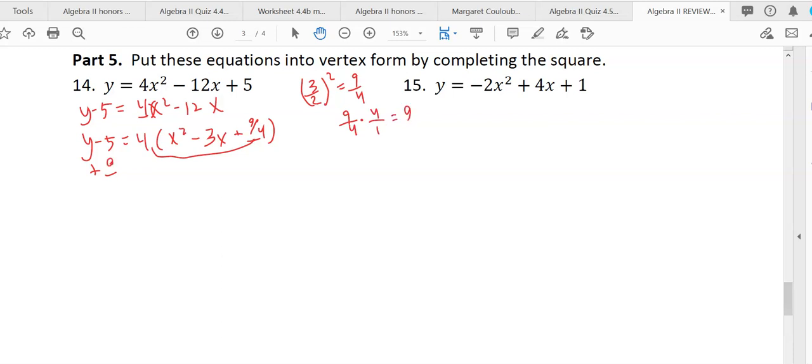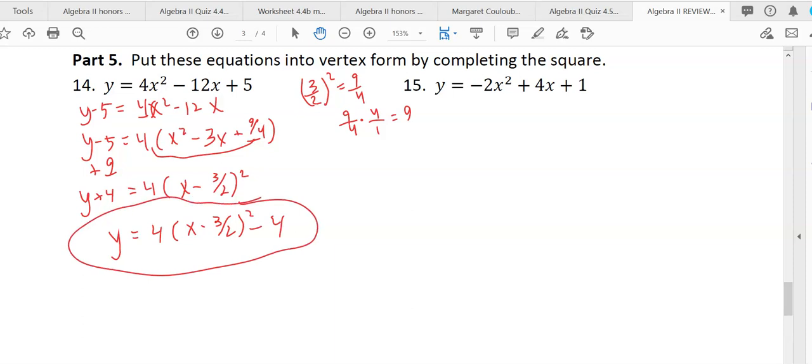So I'm going to add 9 to the other side to be fair. So I get y plus 4 equals 4 times (x minus the square root of 9 fourths, which is 3 halves) squared. Last step, subtract 4: y equals 4 times (x minus 3 halves) squared minus 4.